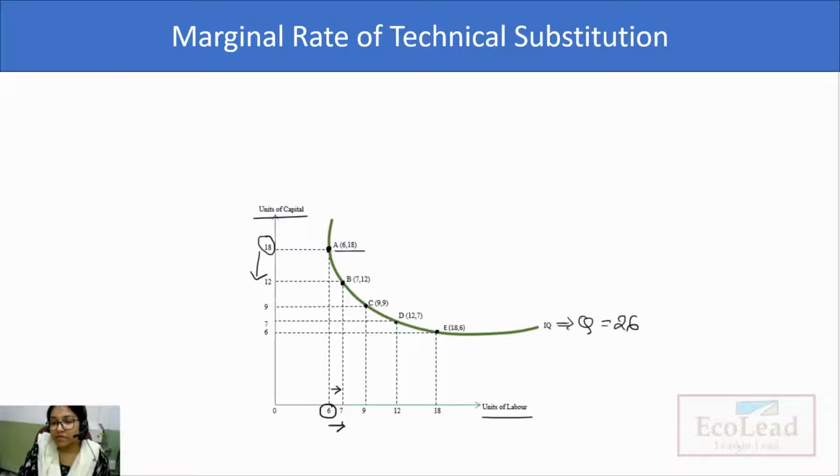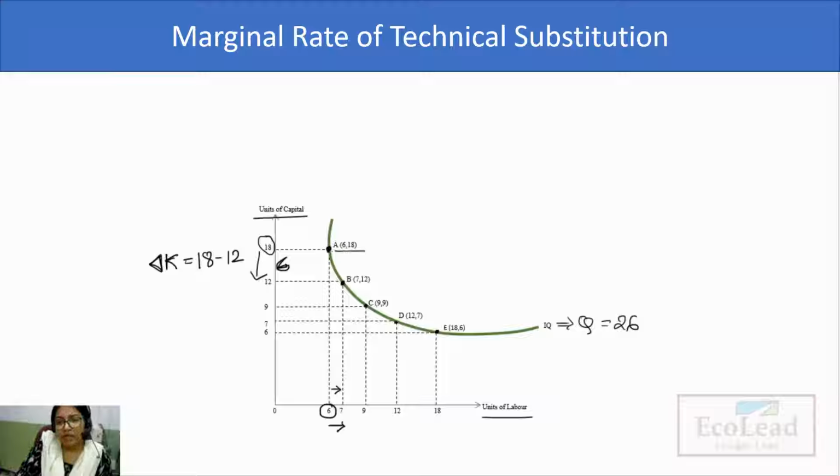How much capital have we sacrificed? We can denote the change in capital by del K, and this amount was 18 minus 12. 6 units of capital we have sacrificed to increase 1 unit of labor.